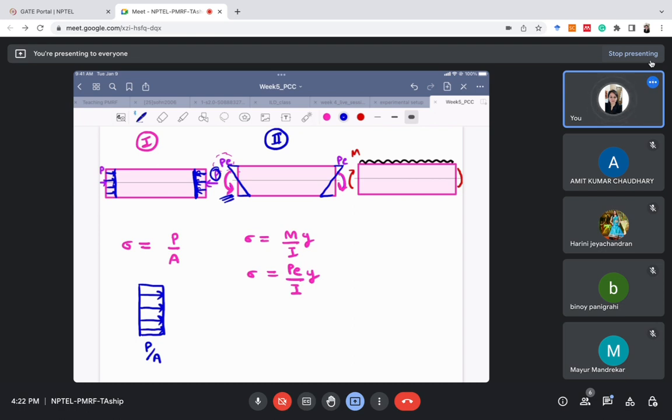Okay, so this load will be like this, right? It will have the bottom part under compression and the top part under tension, which is okay, and the magnitude is sigma. Let's call it sigma 2, sigma 1.